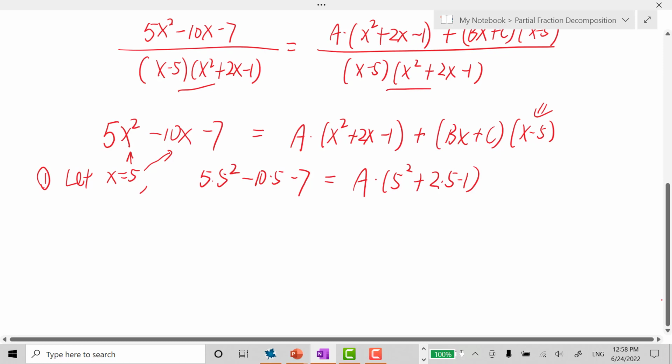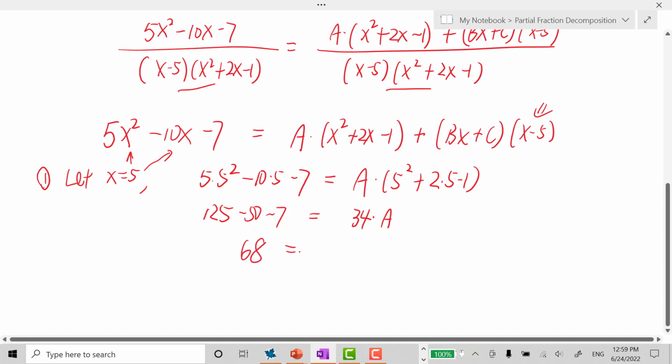Now from here, we can simplify. So this is 125 minus 50 minus 7. On the right is 25 plus 10, 35 minus 1, 34. So 125 minus 50 is 75, minus 7, yes, it's 68.